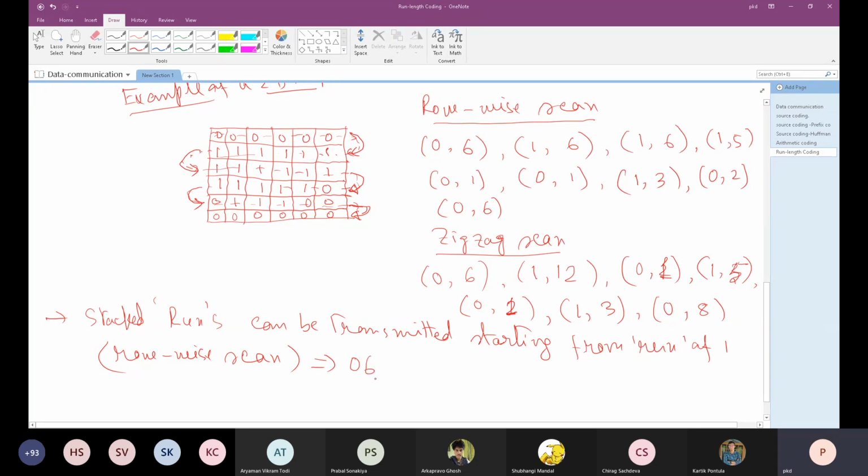So that means 0 number of 1, then 6 number of 0, then 6 number of 1, then 0 number of 0, then 6 number of 1, then 0 number of 0, 5 number of 1, 1 number of 0, then 0 number of 1, 1 number of 0, and this is again 0, 1.